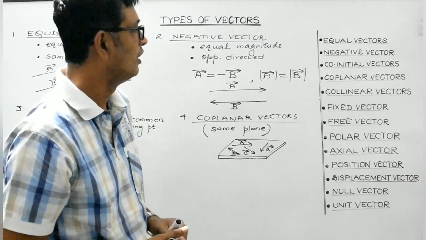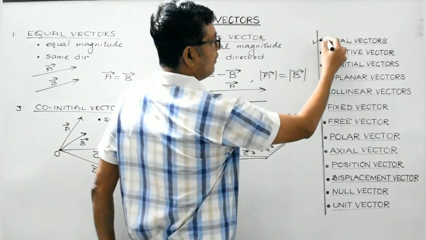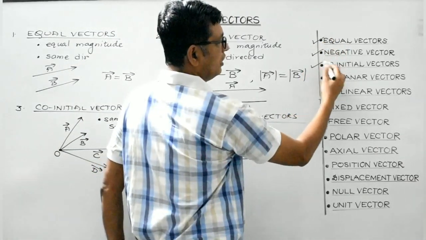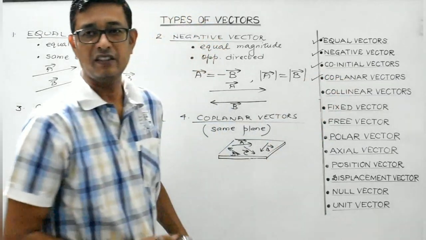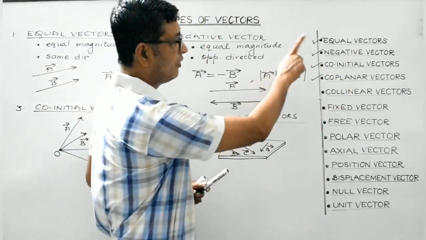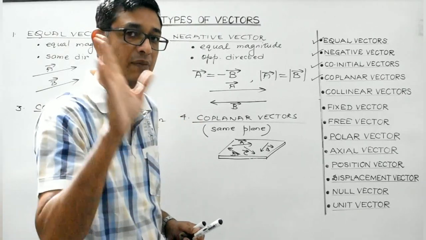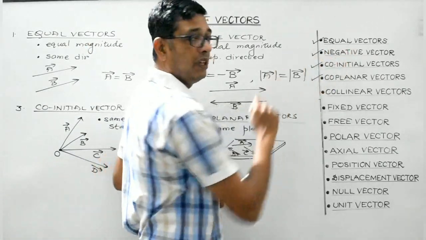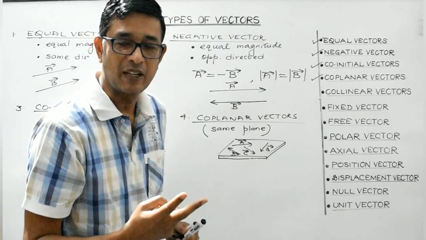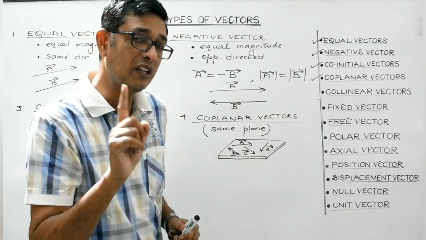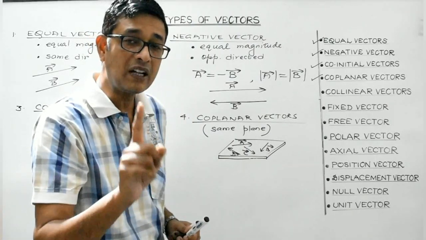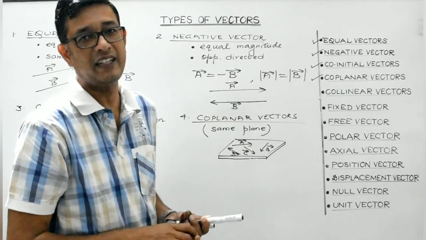Clear, students? So we are done with equal vectors, negative vector, co-initial vectors and coplanar vectors. I'll repeat. Equal vectors means vectors having same magnitude and same direction. Two vectors can be said to be negative of each other only if they are of equal magnitude but opposite direction.